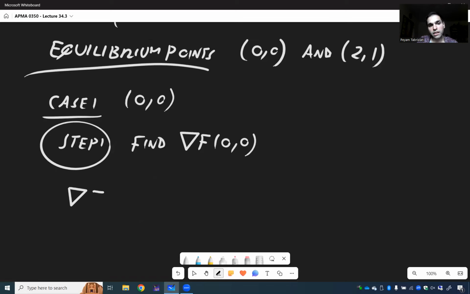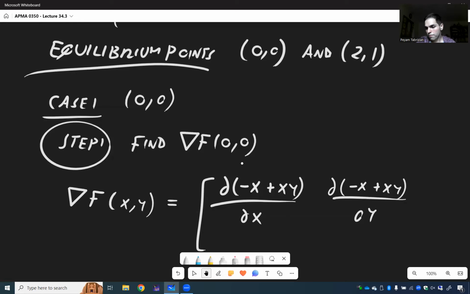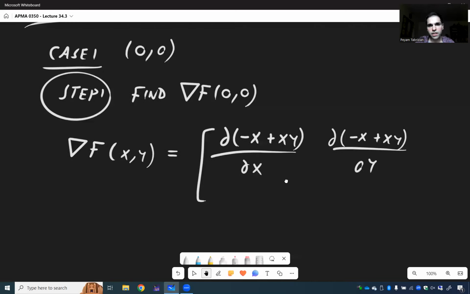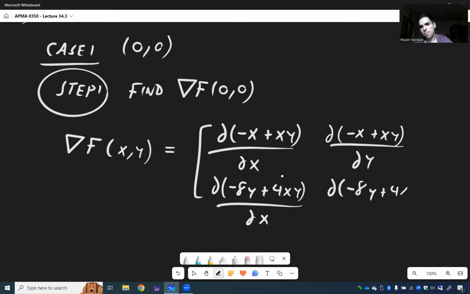So in order to do that, let's first find the derivative at (x, y). So once again, differentiate everything: minus x plus xy with respect to x, minus x plus xy with respect to y, and then minus 8y plus 4xy with respect to x, and minus 8y plus 4xy with respect to y.